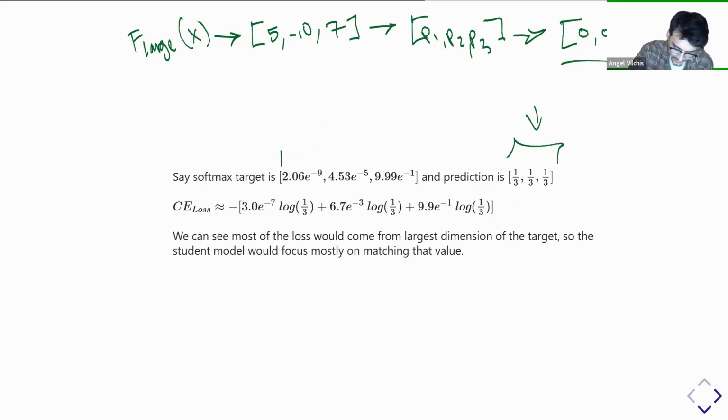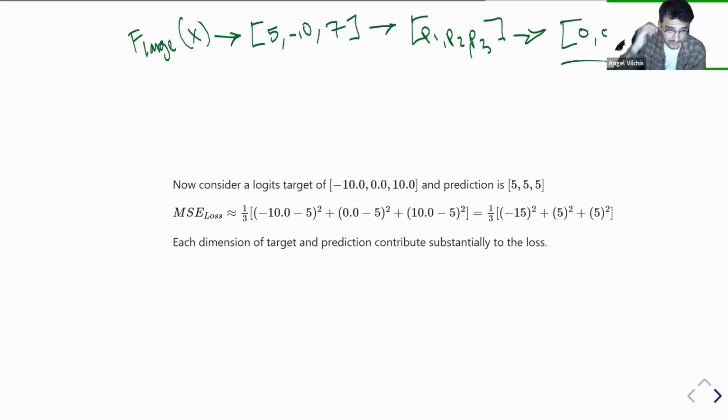So let's go over what would happen if we use raw scores instead of softmax, which in this case, the softmax target is also basically hard targets. It's closer to one-hot encoding, but it's not exactly there yet, but it's basically very close. So it's a hard target. But now let's look at a soft target.